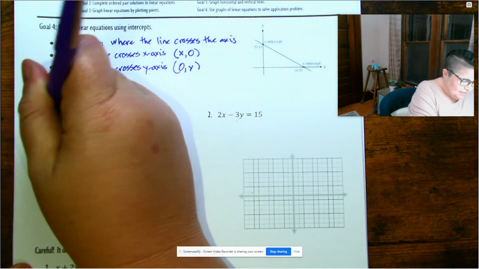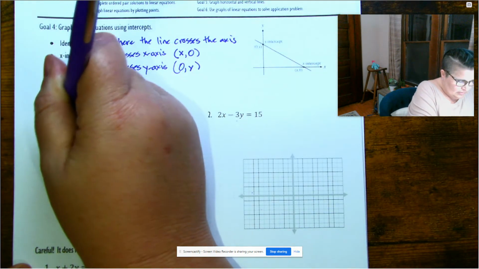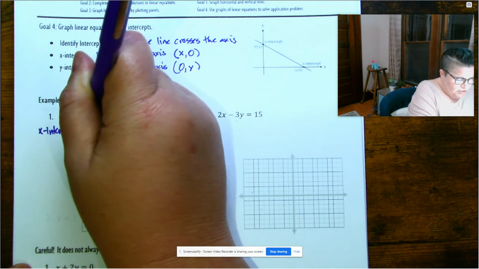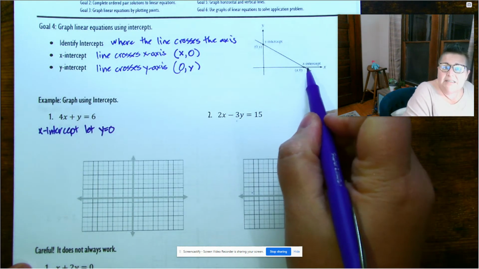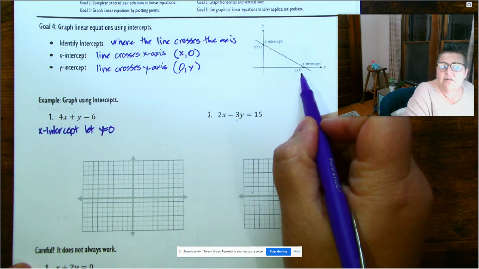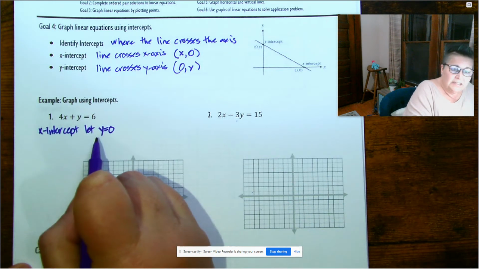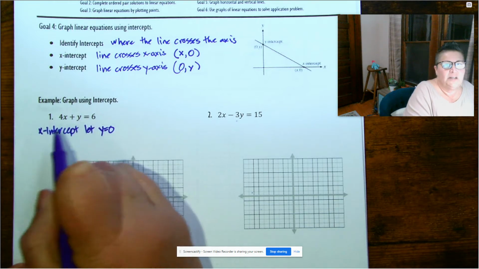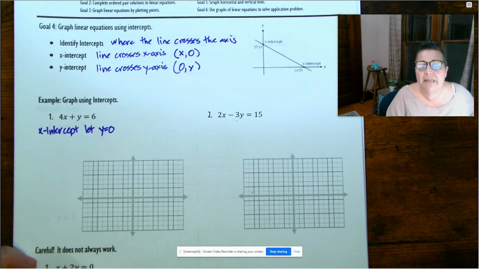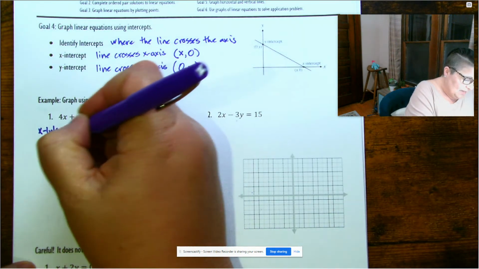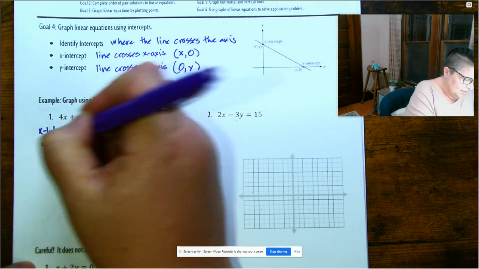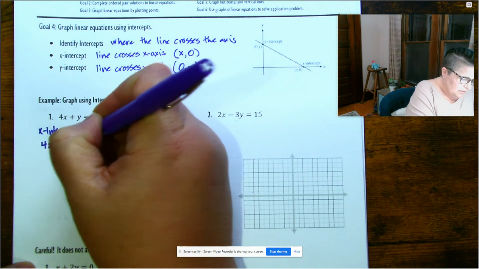So for the x-intercept, we're just going to let y equal 0, right? For the x-intercept, notice the y value is 0. So to find the x-intercept, we're going to take any equation they give us, in any form they give us, and we're just going to let y equal 0. To do that, in this case, we would have 4x plus 0 equals 6.